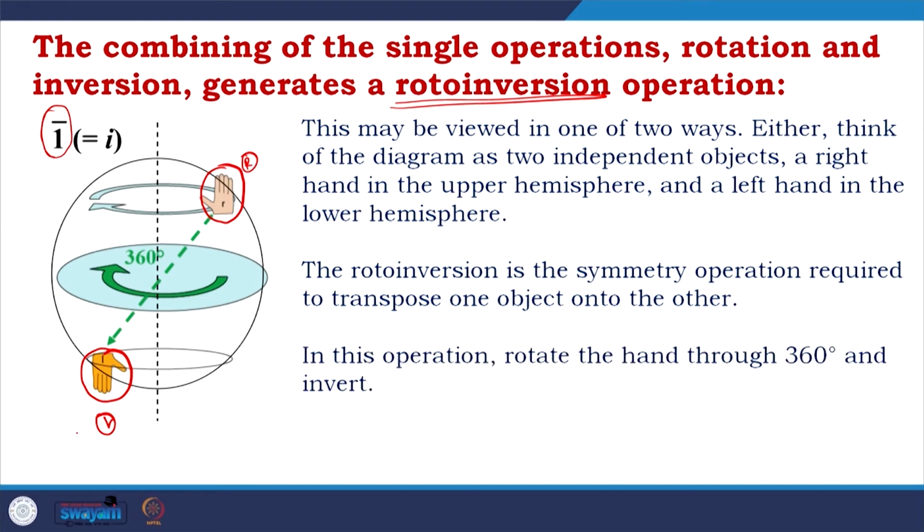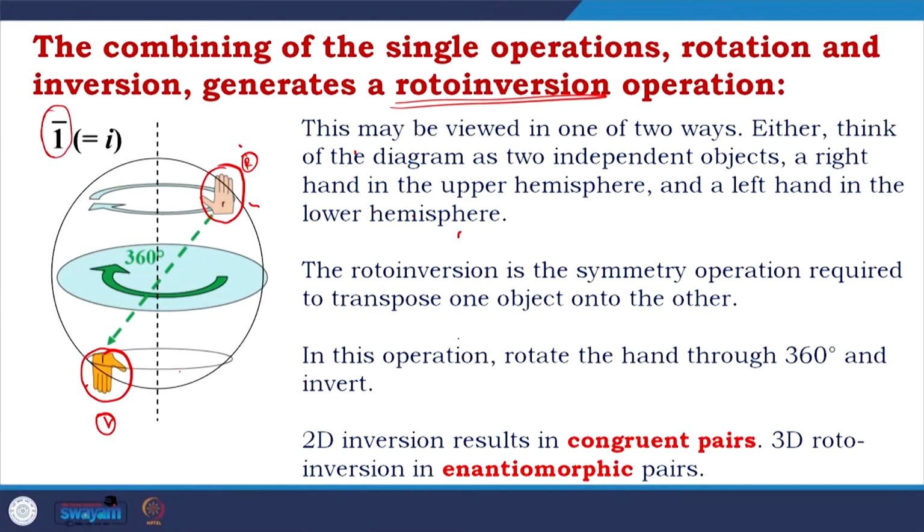In this operation, rotate the hand through 360 degrees. So, you rotate the hand from here to 360 degree and then you invert that. So, you have this, you do that and you invert. So, you get like this.